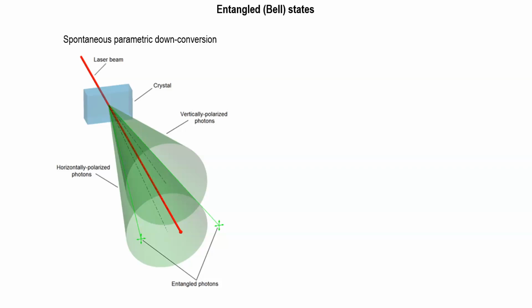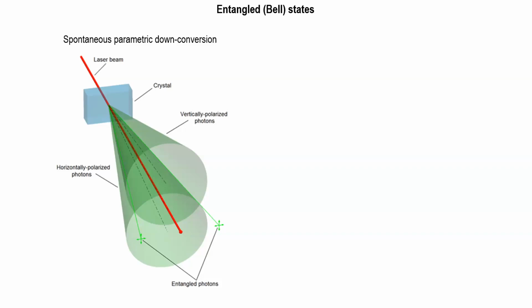The way we generate entangled states in the lab is to use the effect of spontaneous parametric down conversion. This effect consists in breaking down one photon into a pair of two photons.